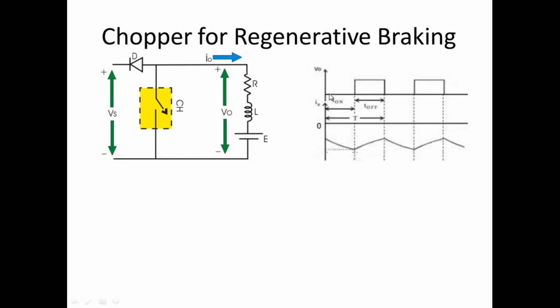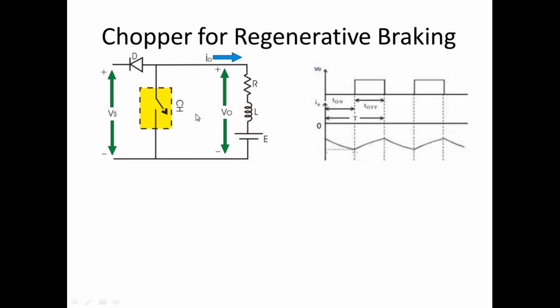Now the back EMF E will produce a current in the negative I0 direction, flowing like this. This current will cause the energy of L to increase, so since it is in the negative direction of I0, it will be increasing negatively.